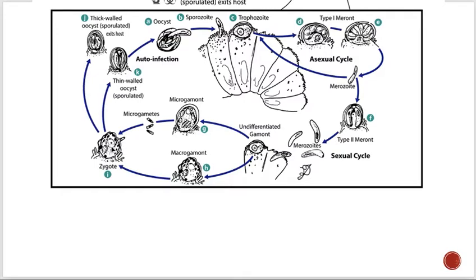Excyst means what? They are coming out of their cyst into the same host. You can see here, sexual differentiation into macrogamont and microgamont, and they fertilize together, they form a zygote. And you can see over here, this thick walled oocyst can exit the host by feces, and this thin walled oocyst can release again one more oocyst, which will again start this cycle.